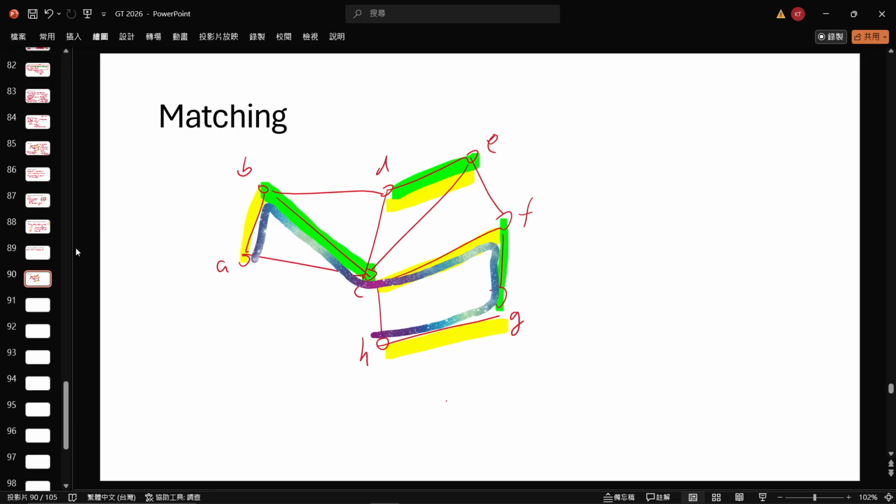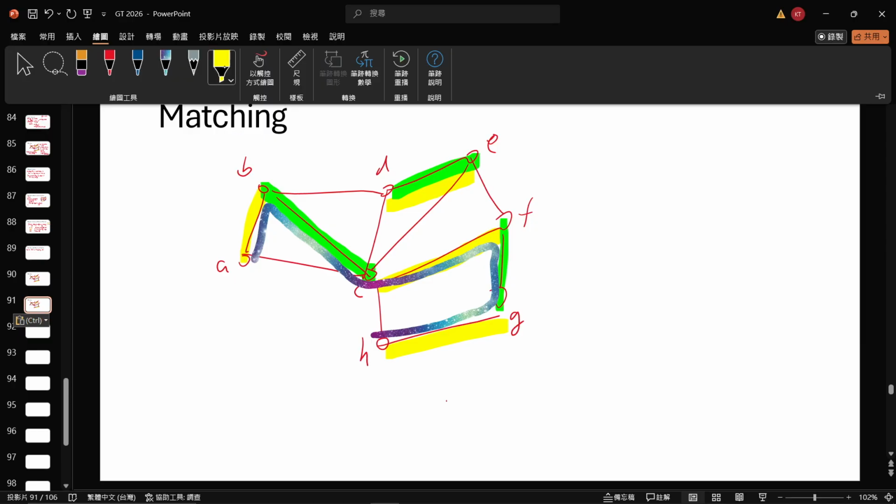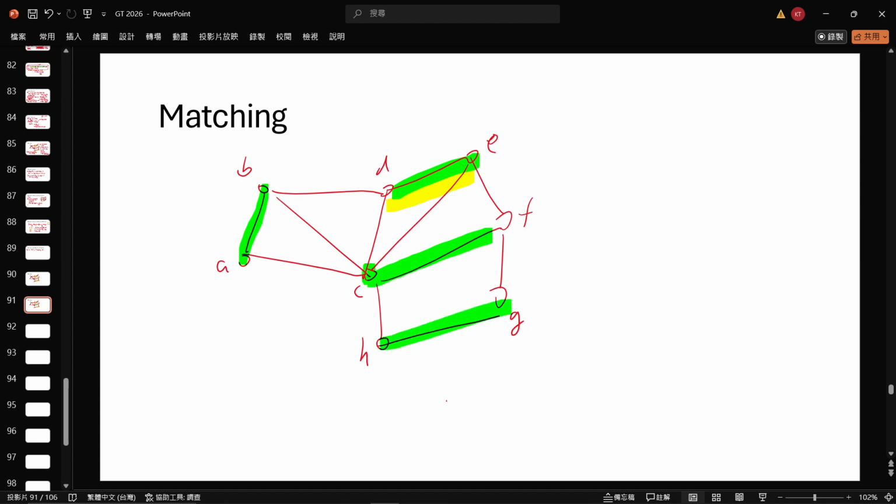I think I'm going to keep this one. So this is the original matching, and after the update, this will be our new matching, okay?